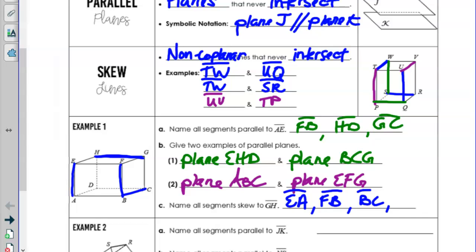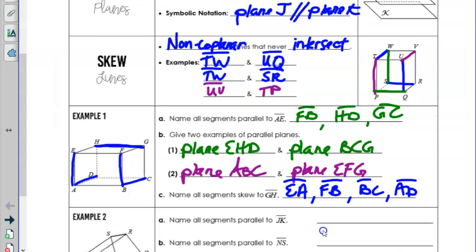Great, Zach, what's our last one? FG? FG intersects with GH, so it wouldn't be skew. Kaden, what was your thought? AD, very good. AD will never cross GH, but it is not parallel. Alright, any questions on that?